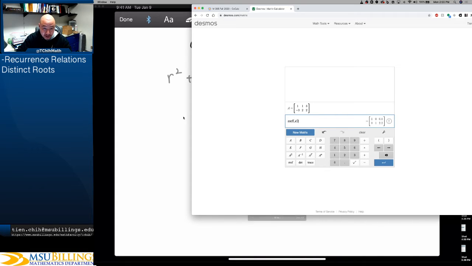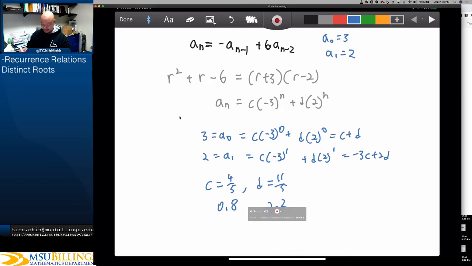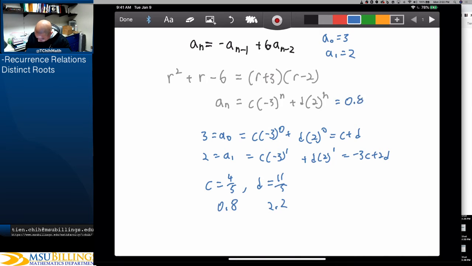Great. So maybe that's easier to write: 0.8 times minus 3 to the n plus 2.2 times 2 to the n looks to be the closed form to this recurrence relation.